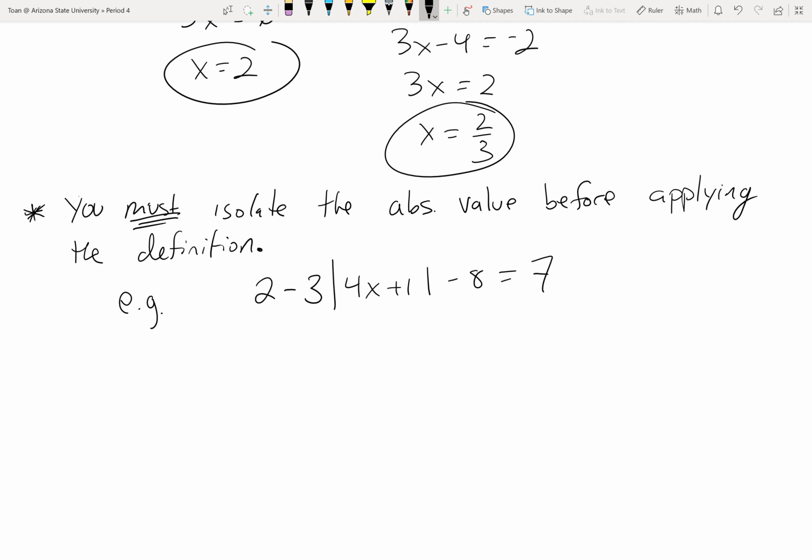A lot of kids, when they make a mistake, they want to go, I see absolute value, I'm going to branch off into two equations. Well, if you notice, this is our absolute value term. I have a lot of junk on the outside of the absolute value. So before I split off the two equations, I need to get rid of that 2, that minus 3, and that minus 8. So you guys understand my little warning here? Okay. Do not apply the definition until you get this guy by itself.